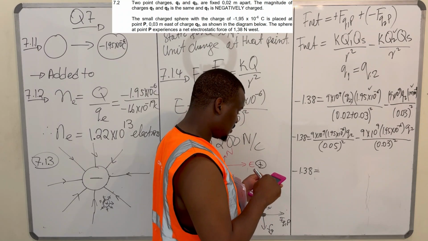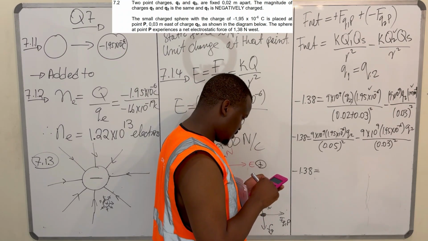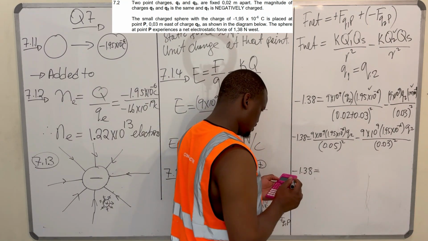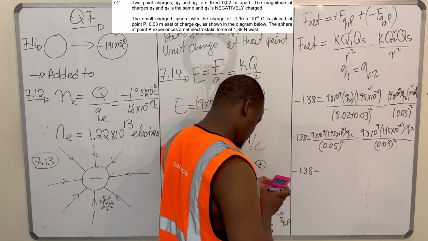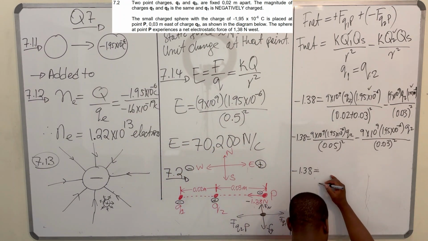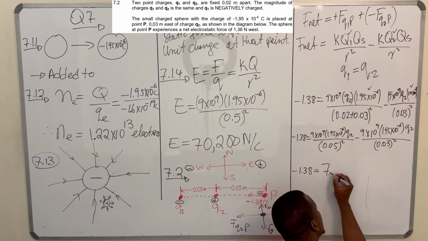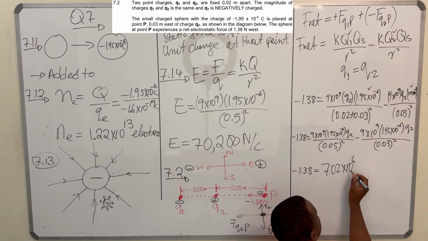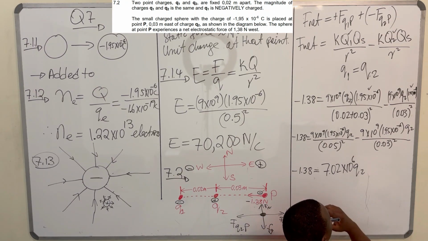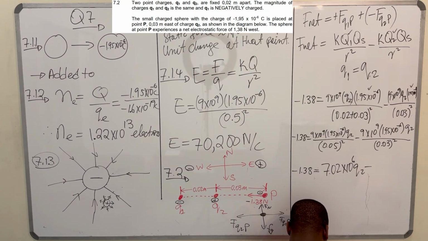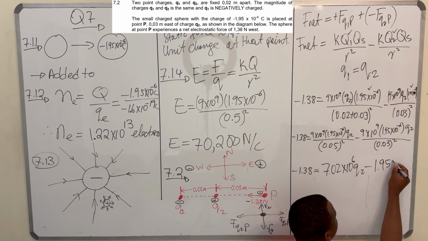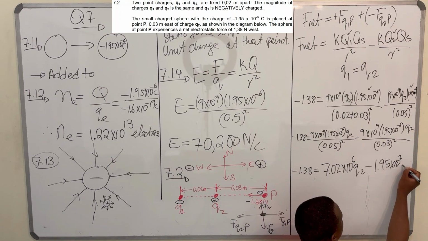Actually, we had the answer to this one. So what we have here is 7.02 times 10 to the power 6 Q2, minus the answer to that, which is 1.95 times 10 to the power 7 Q2.